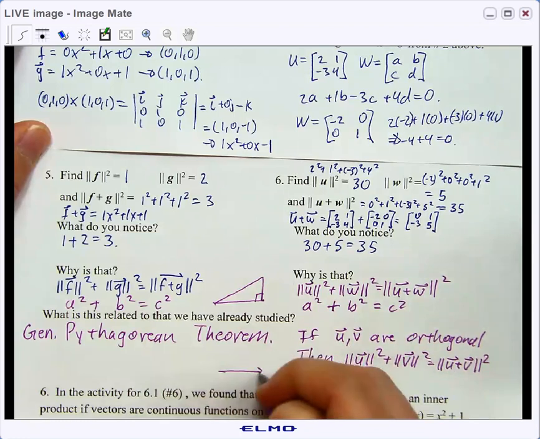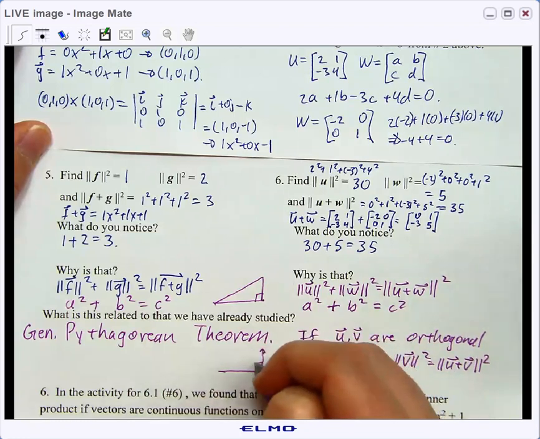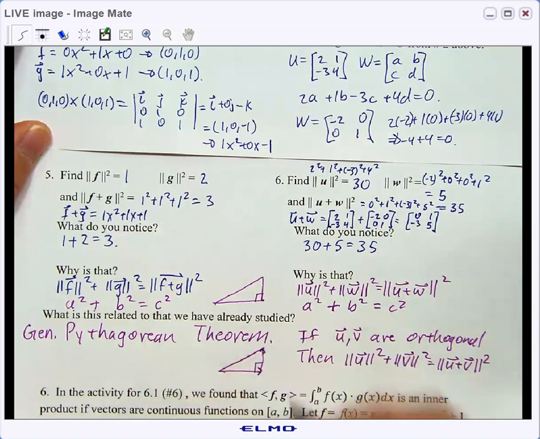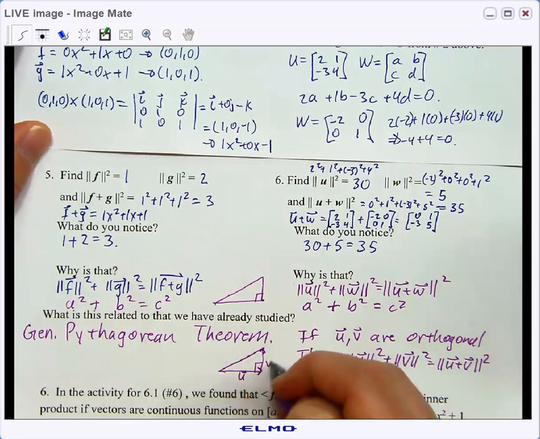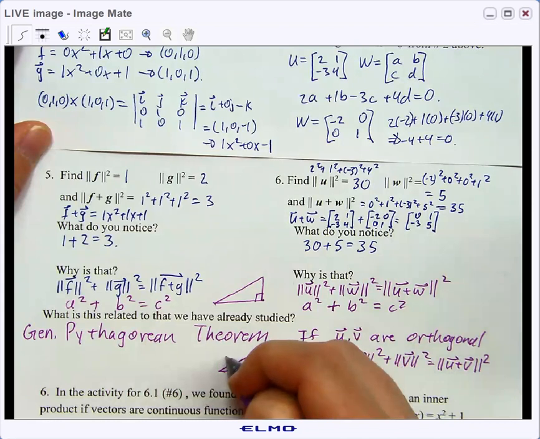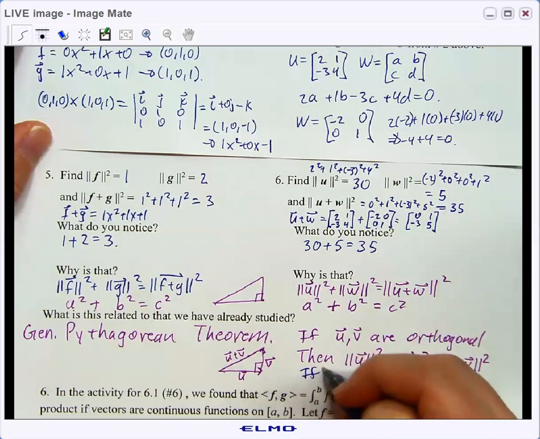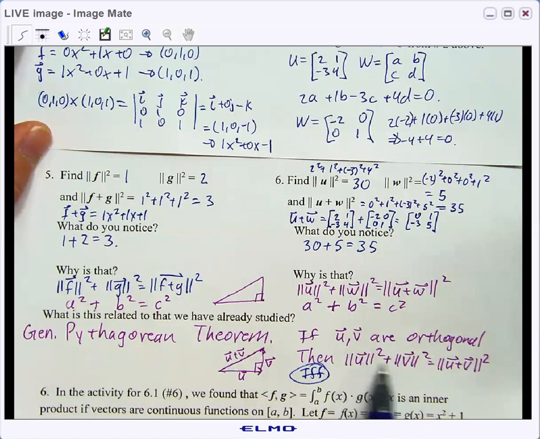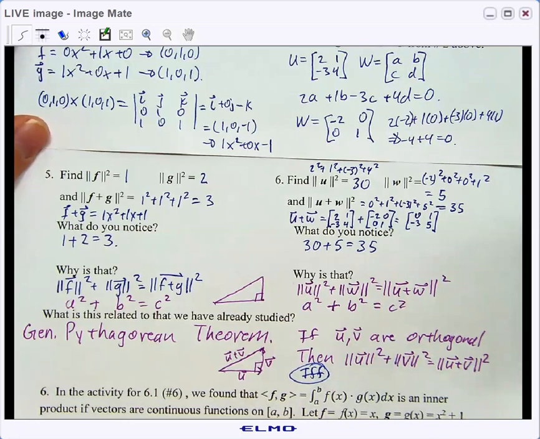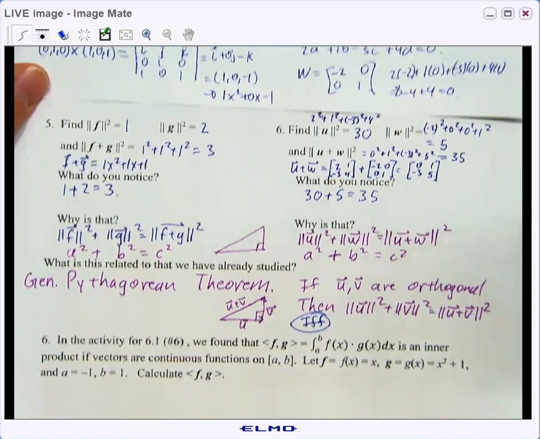We have our vectors, and since they're orthogonal, they make in their space a 90-degree angle, or pi halves radians, and so in essence they make a right triangle. The cool thing about this is it's actually a two-way theorem. This is an if and only if. So if this is true, then the only way that can be true is if the two vectors are orthogonal. Pretty spiffy.